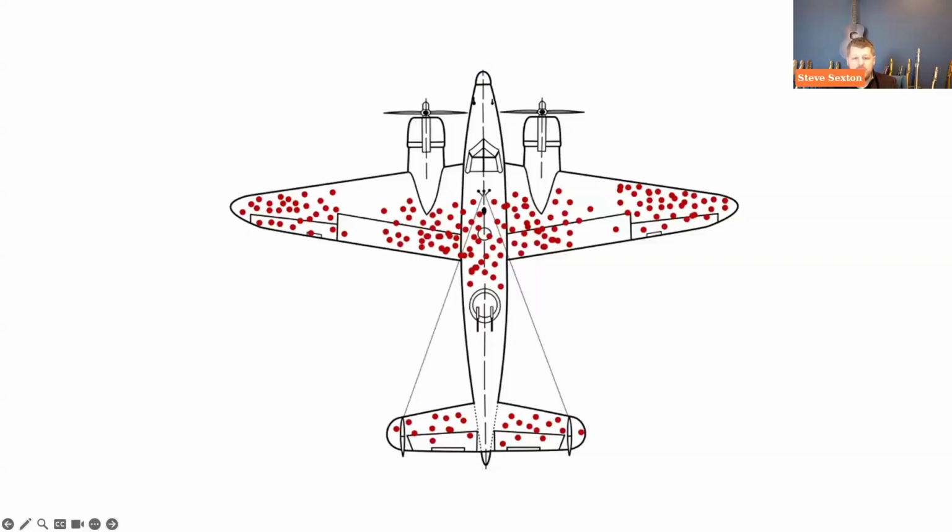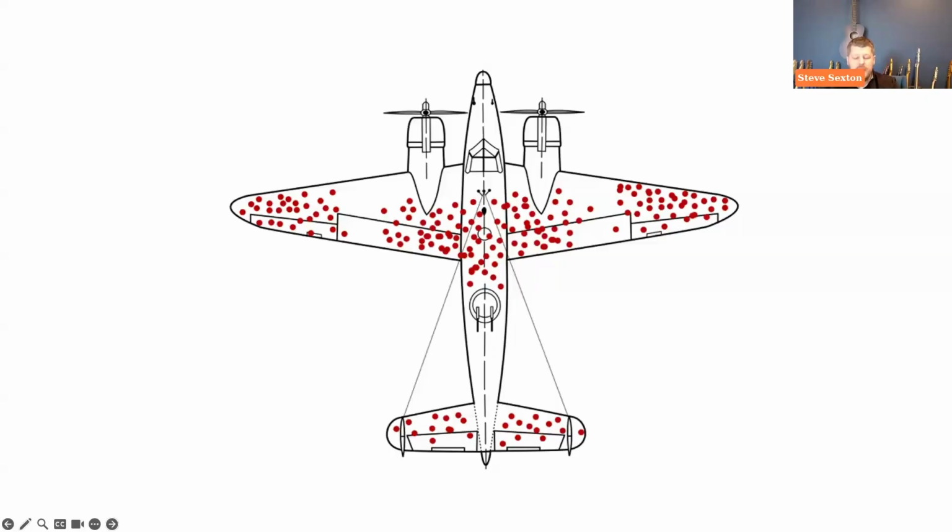So if we go back to this picture and ask what this has to do with survivorship bias, this is actually a true story of something that happened after World War II. When the planes were coming in during World War II, they would have scientists go through and mark every single area that there were bullet holes in the plane as they were returning. They would map it out on a diagram just like this.